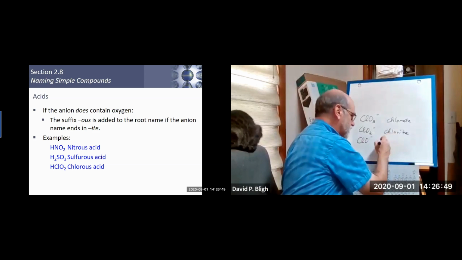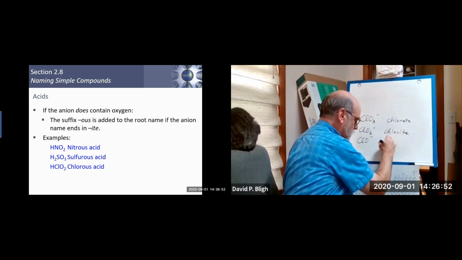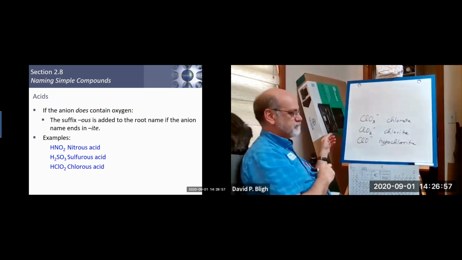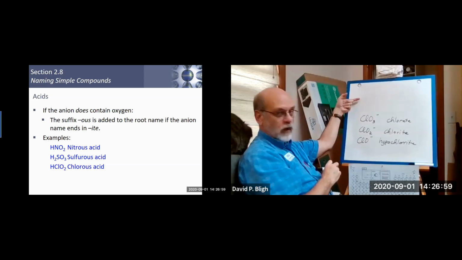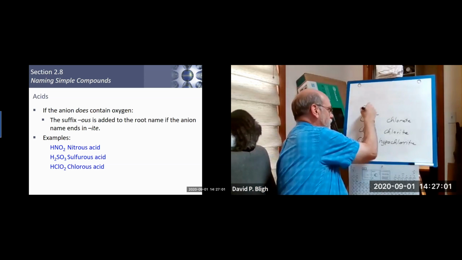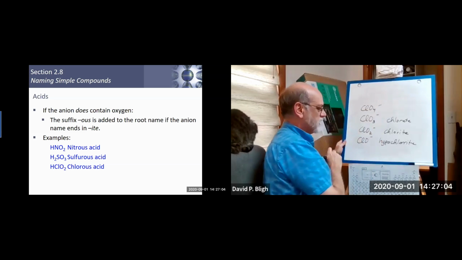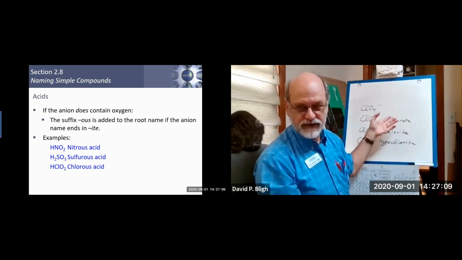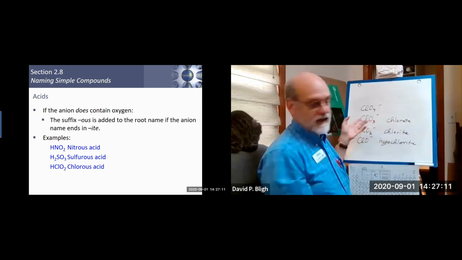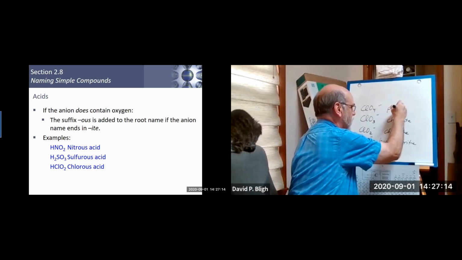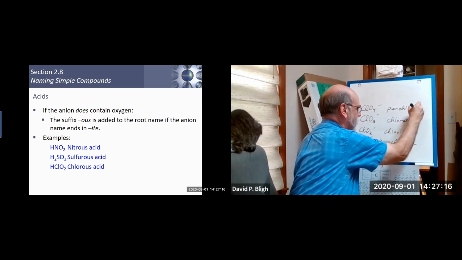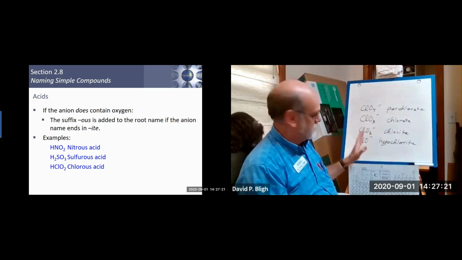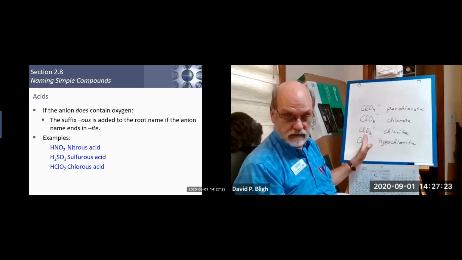So we go hypochlorite. Okay. Then we can go one more oxygen this direction. And we don't have any more endings for adding an oxygen, so we add a prefix, and that prefix is per. Okay, so there's a family, and all we did was change the oxygens.